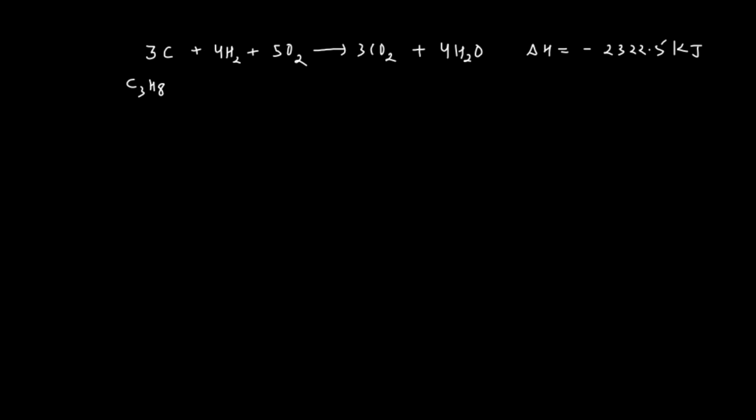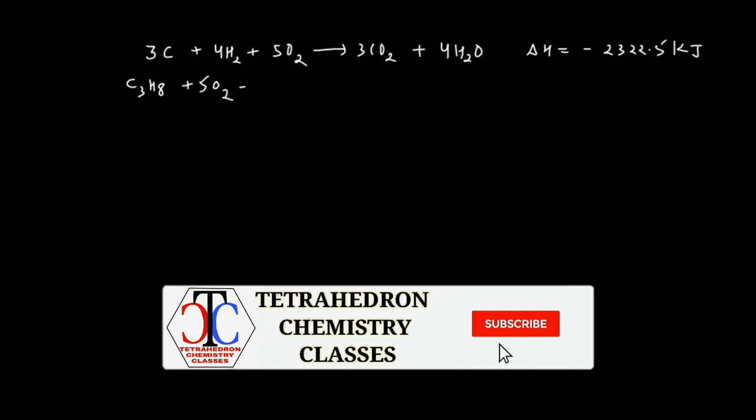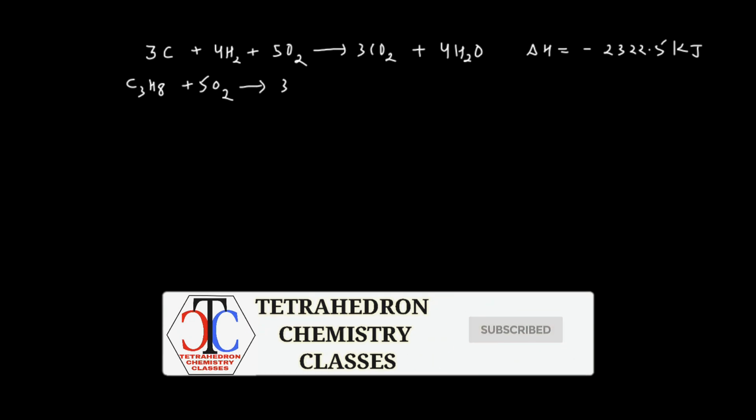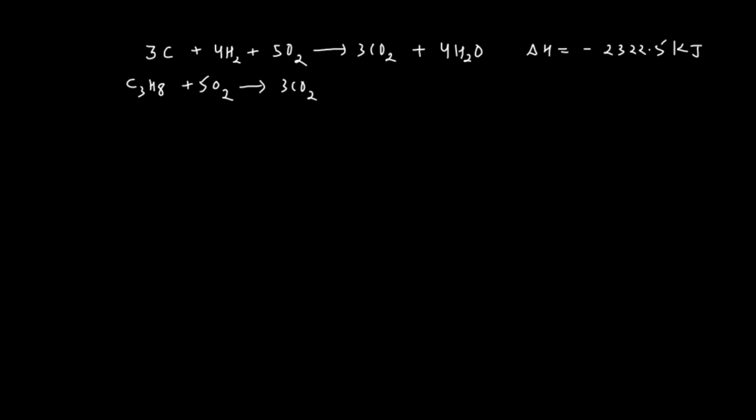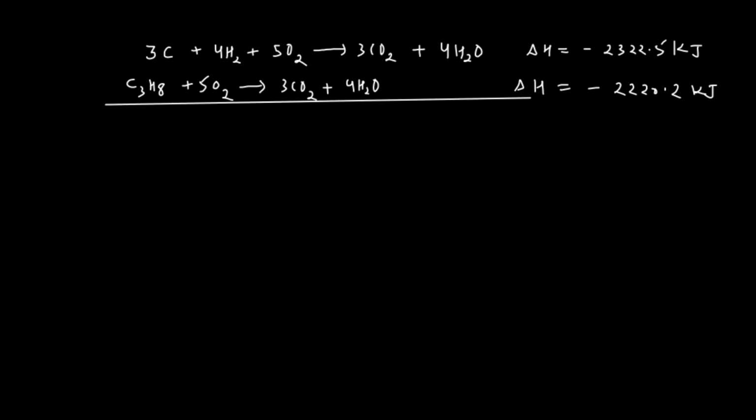And your equation number 1 was C3H8 plus 5 of O2, and they are forming 3 of carbon dioxide plus 4 of H2O, and for this the value of delta H is minus 2220.2 kilojoule. Okay, and then I'll subtract these equations.